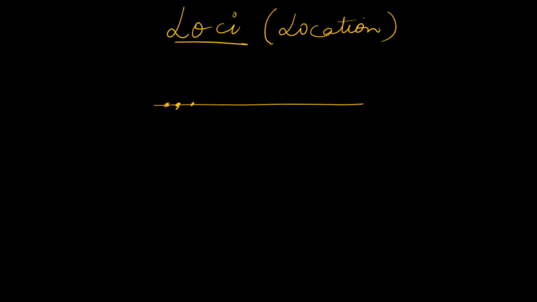Loci means the location of the points. We have to draw those lines, or sometimes it might be a circle also. If we are drawing a line, a line is also a combination of so many points.